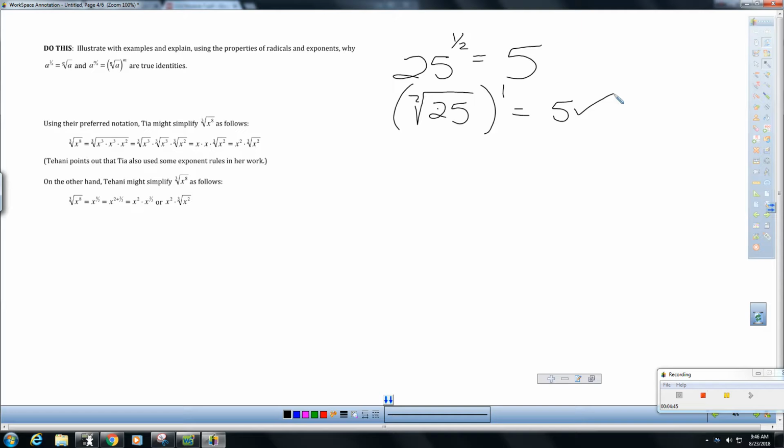How about 4 to the 2/3 power. Sorry, I hate this new system. 4 to the 2/3 power. Well, let's put that in our calculator.